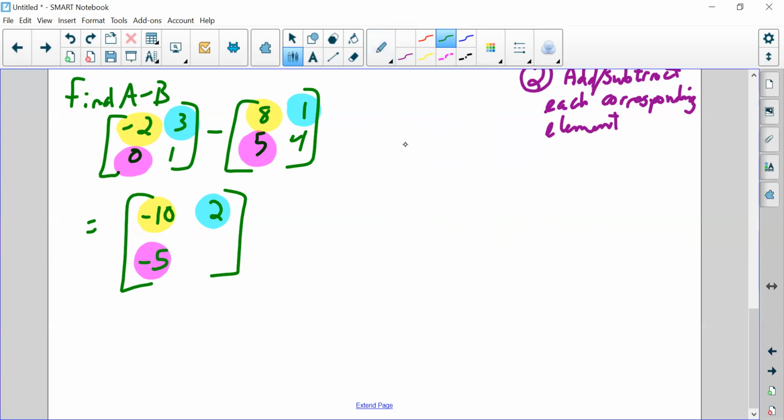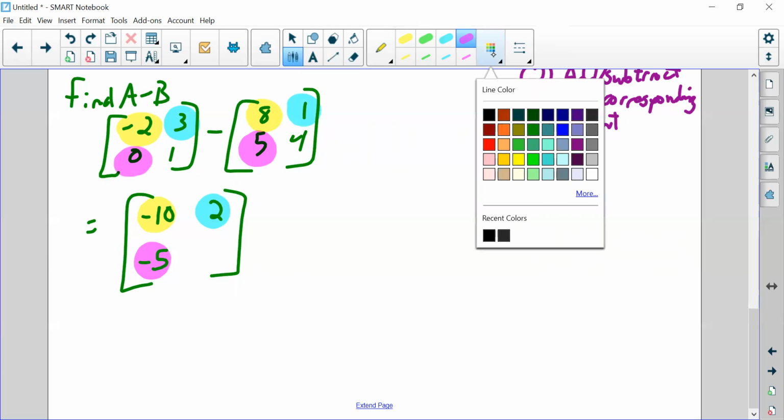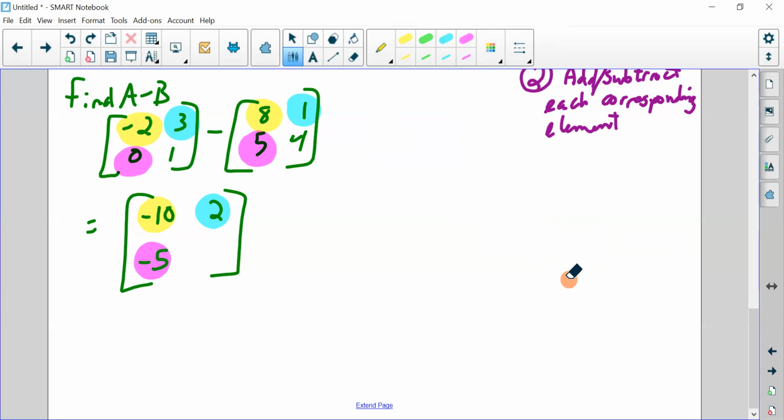And then, okay. Now I'm going to take this entry here, which is our second row, second column, subtract the second row, second column, and that's going to give me my second row, second column answer here, which would be -3.